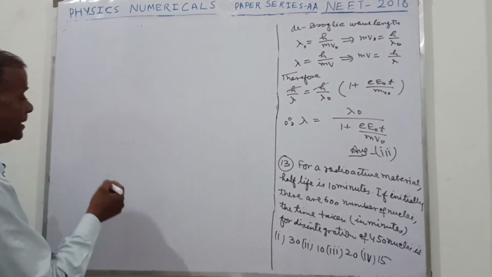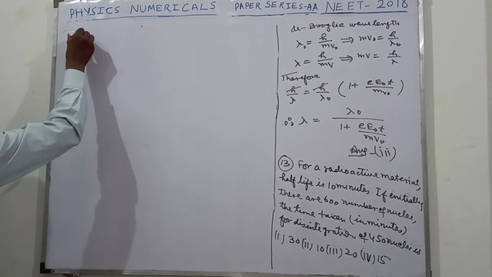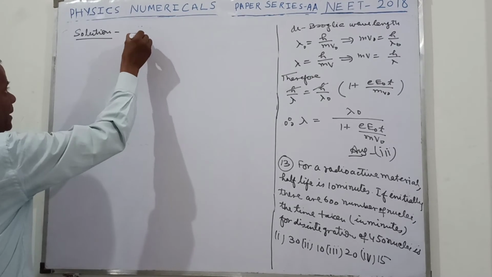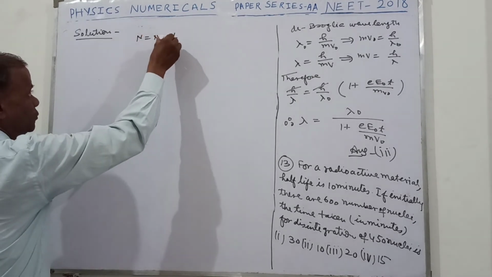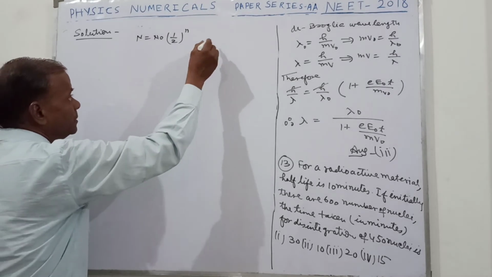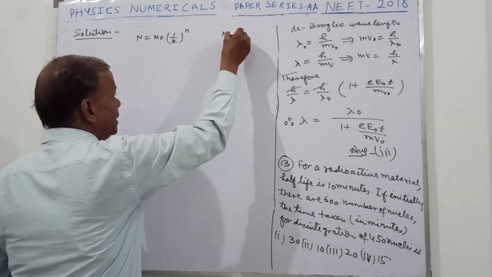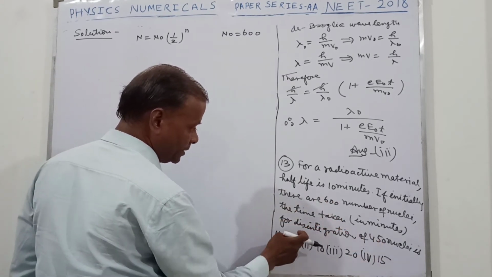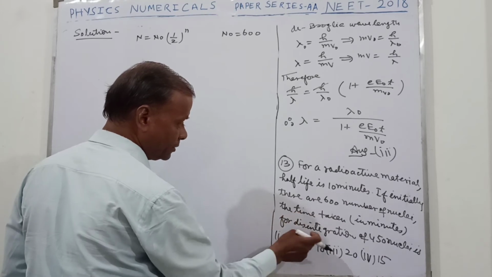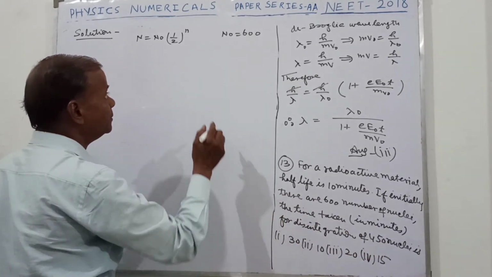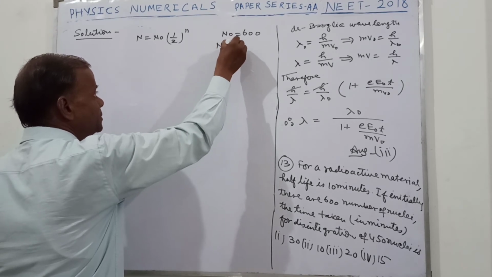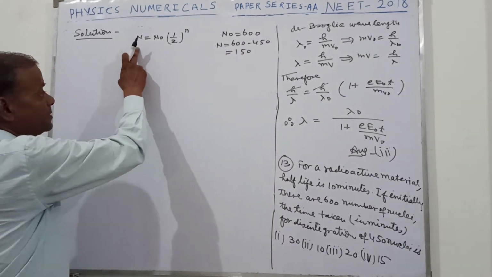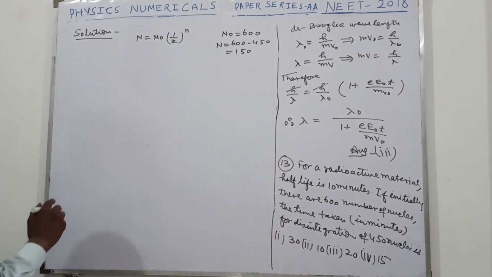Or you can solve it by applying the formula also. N equal to N naught into 1 by 2 raised to power n. Now this N naught is given as 600. Decayed is 450. So N will be 600 minus 450, which is 150. This is the active number of nuclei which have not decayed.